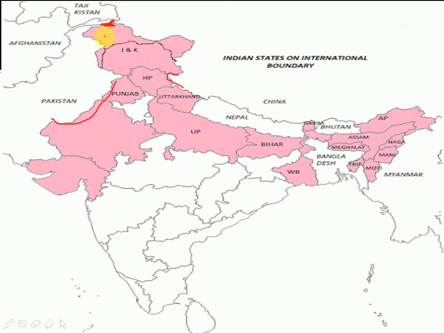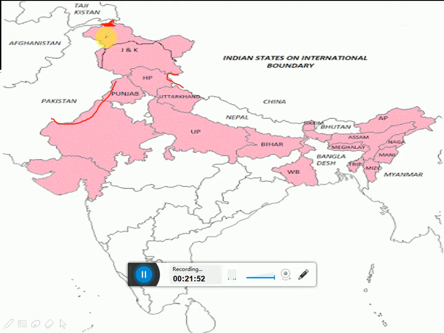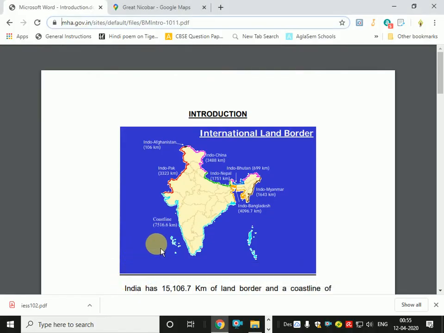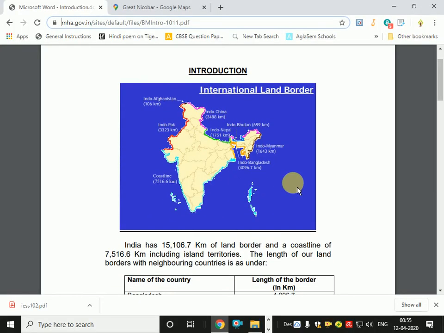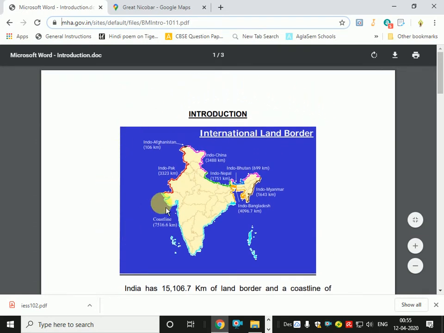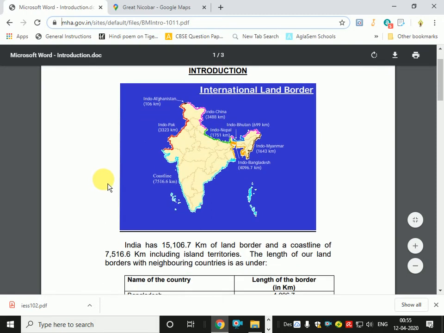I will show you something from the Ministry of Home Affairs. So if you see here, the Ministry of Home Affairs has made a notification public, wherein they have shared details about our international land borders.